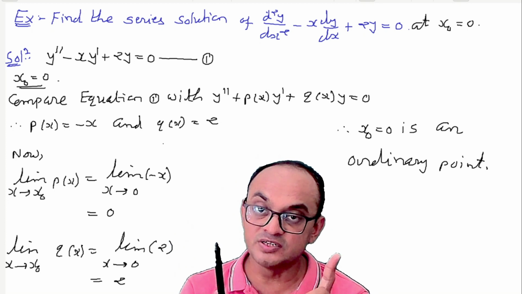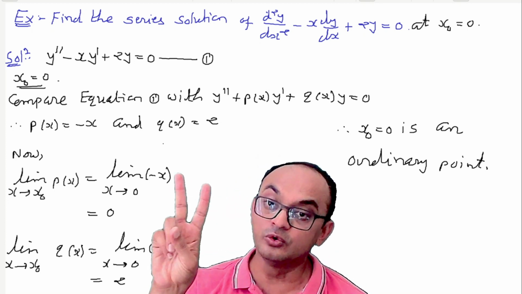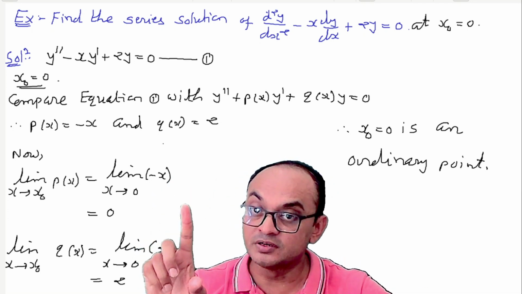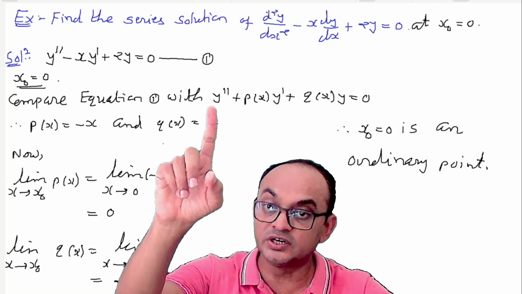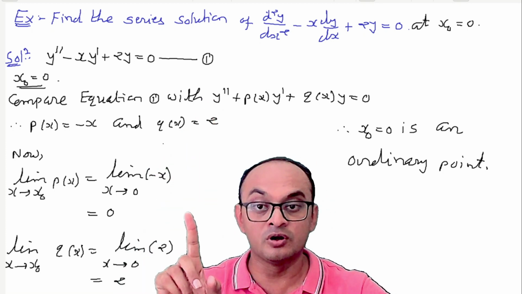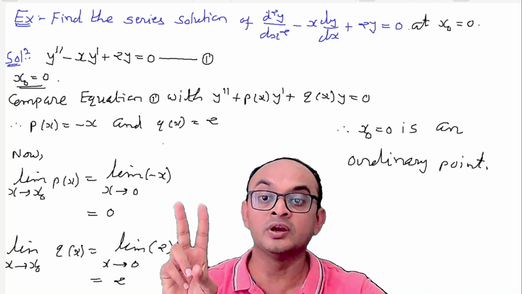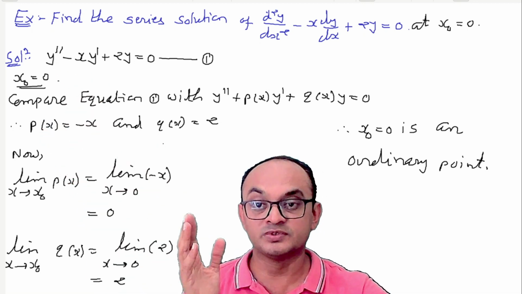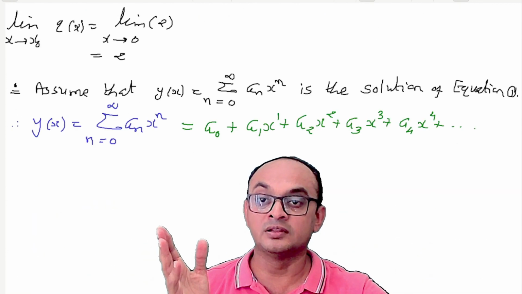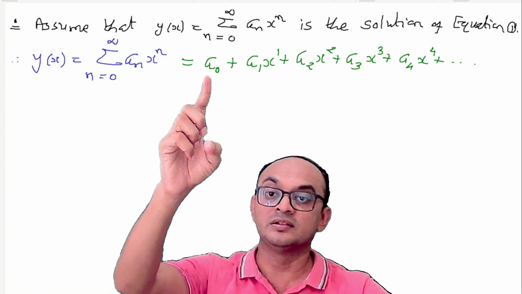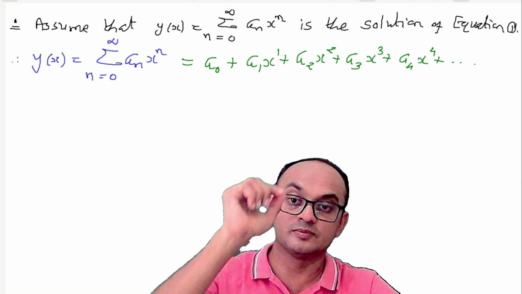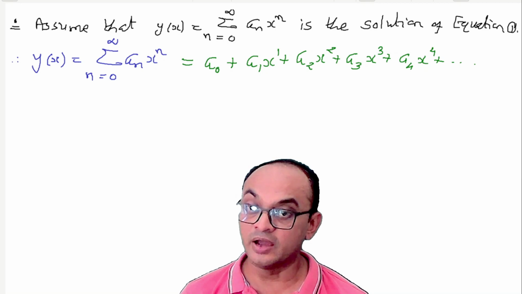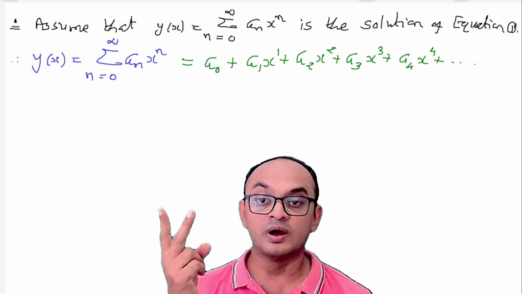When we solve this differential equation, it has only two arbitrary constants, right? Again I repeat, this is a second order differential equation, so in its solution it has only two arbitrary constants. Here the given differential equation is of second order, and in the solution I am assuming infinitely many constants, but we should have exactly two arbitrary constants.